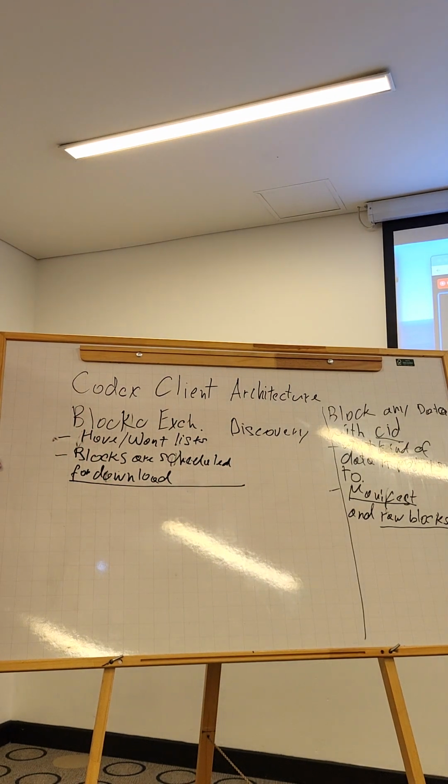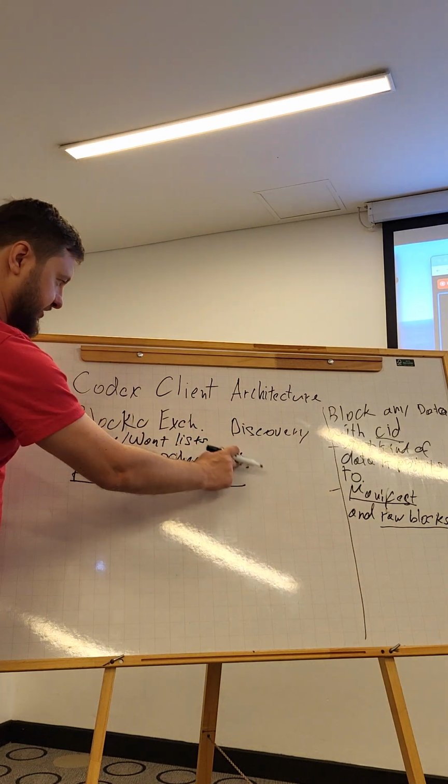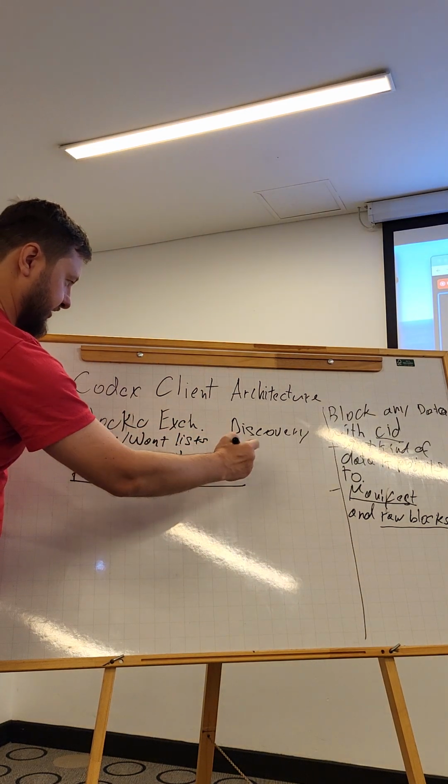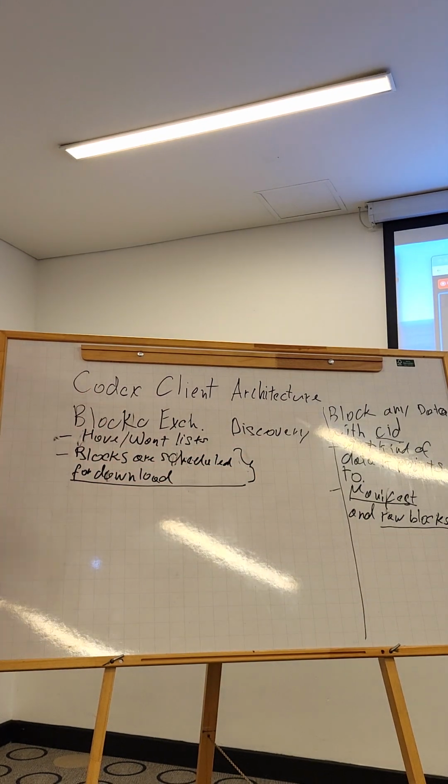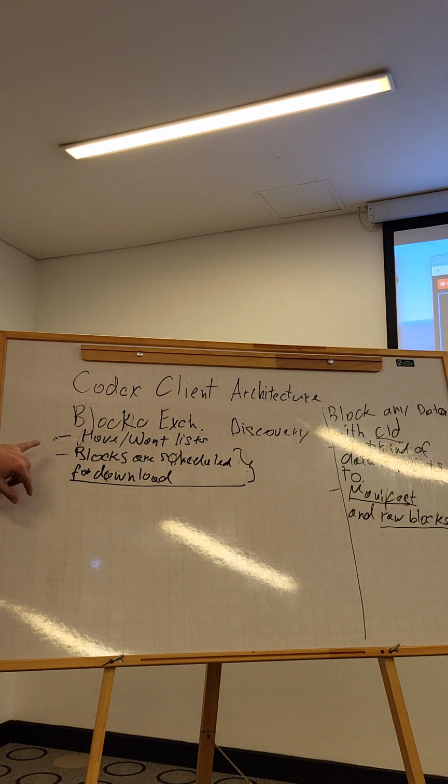So when you connect to a node, there are blocks that are scheduled for download. They sit in a queue. The queue is read, and all the blocks sitting on this queue are serialized in this protobuf, which is called the want list.